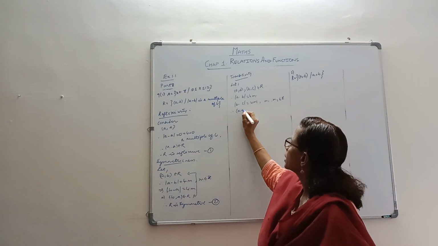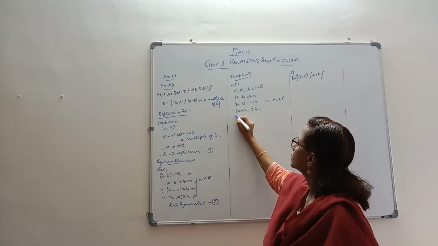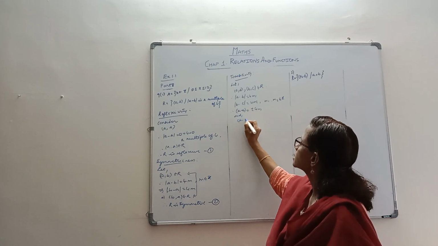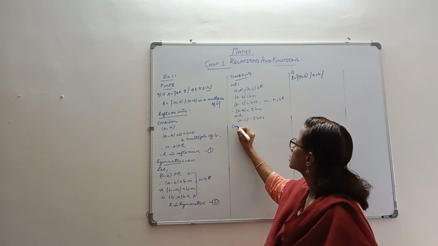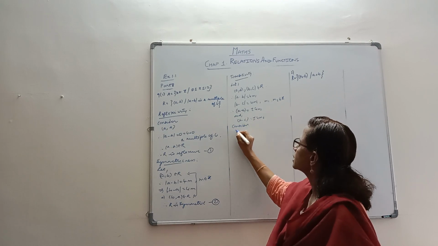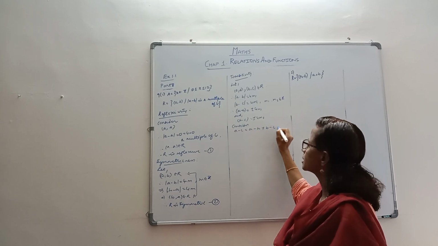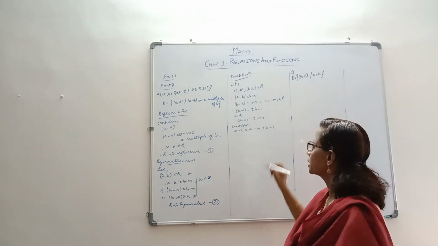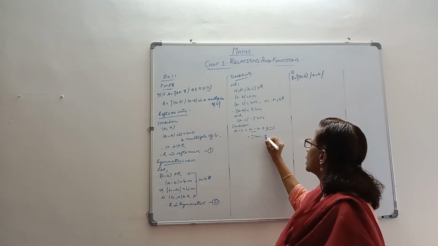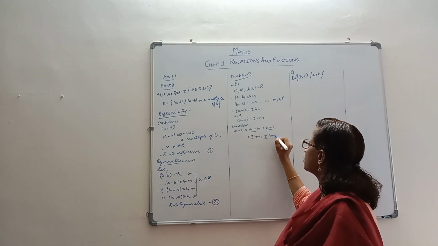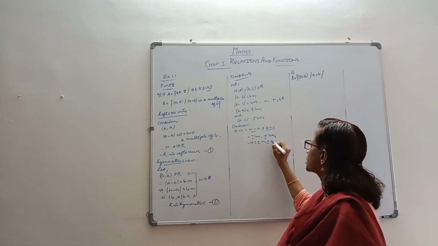Therefore a minus b is plus or minus 4m1 and b minus c is plus or minus 4m2.